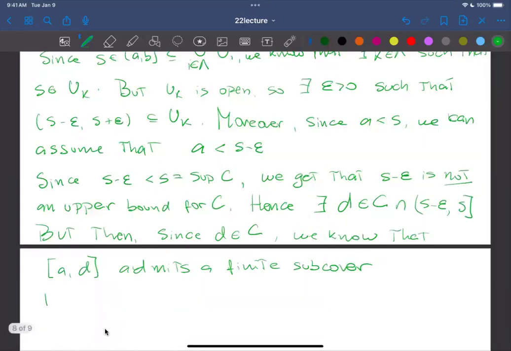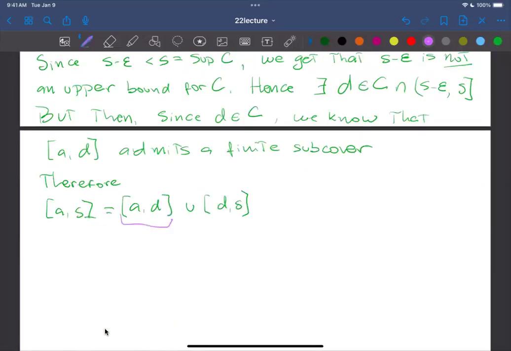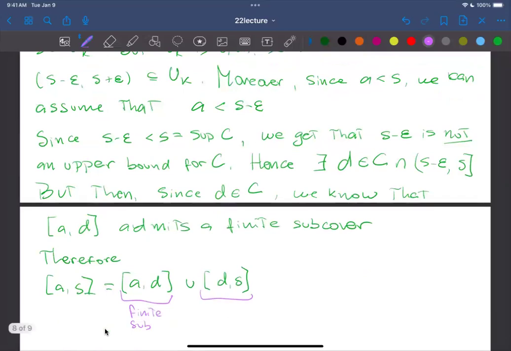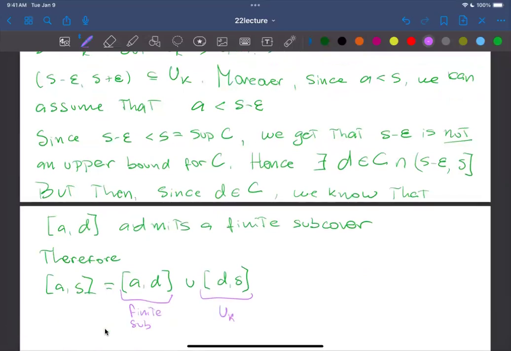And that being the case, instead of going all the way to D, you go to S. You can just say this is the same as going to D, and then to S. We can do the finite subcover for [A, D], and [D, S] is entirely inside our U_K. So a finite subcover for this, plus an extra one for this, will also admit a finite subcover.